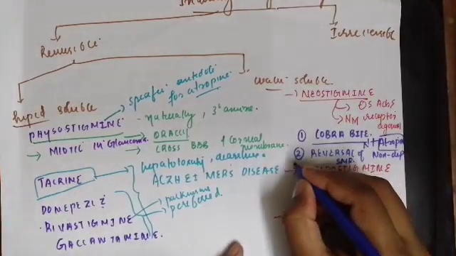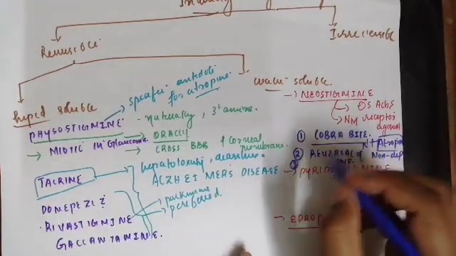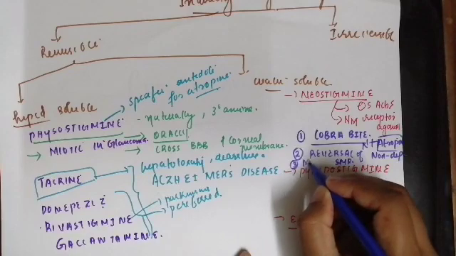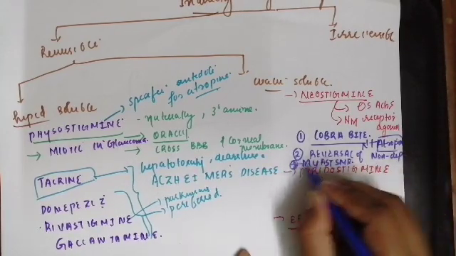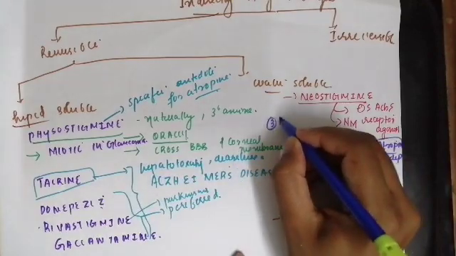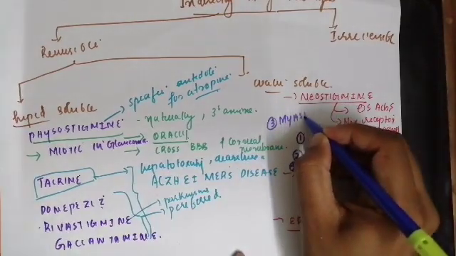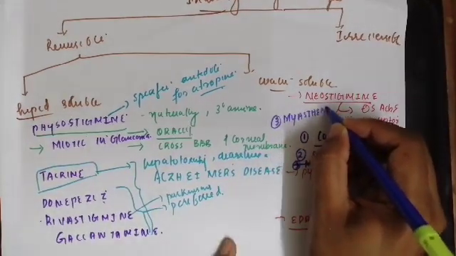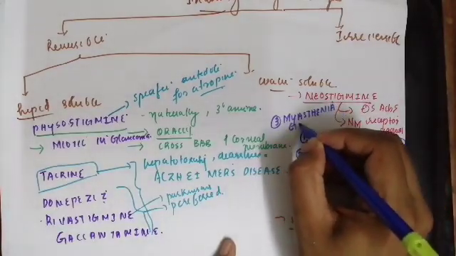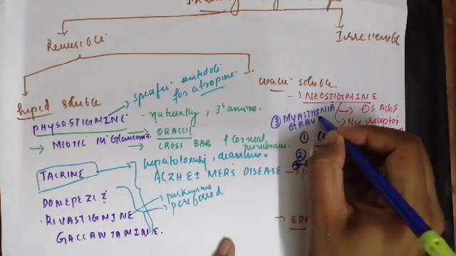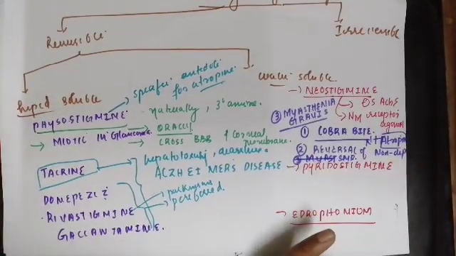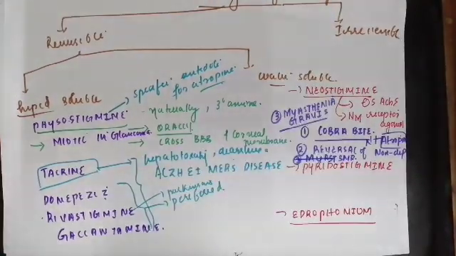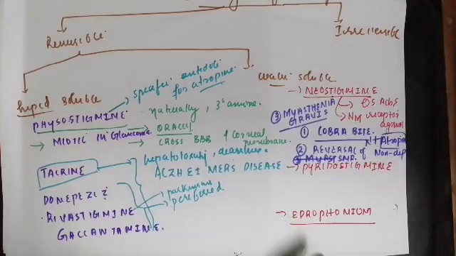Another disease in which neostigmine is used, the third one, is myasthenia gravis. In myasthenia gravis also we use neostigmine to increase skeletal muscle contraction.